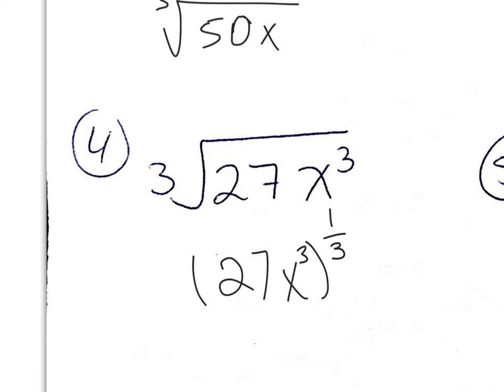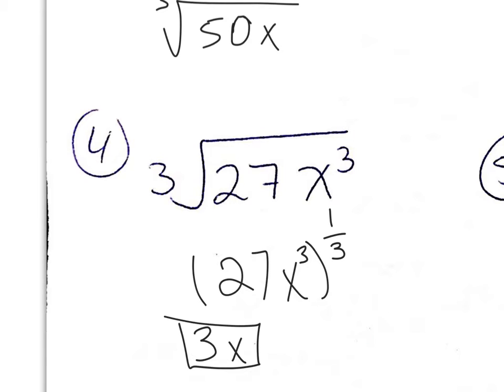Or if we wanted to break it down first, we would get the cubed root of 27. What number times itself 3 times equals 27? The cubed root of 27, if you have your chart, is going to be 3. The cubed root of x to the third is just x. And that'll be the answer.